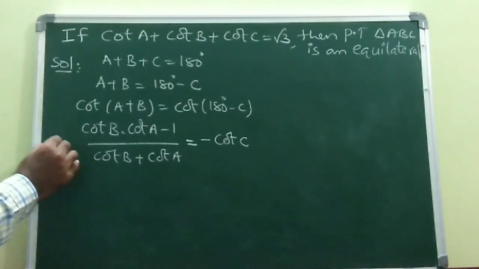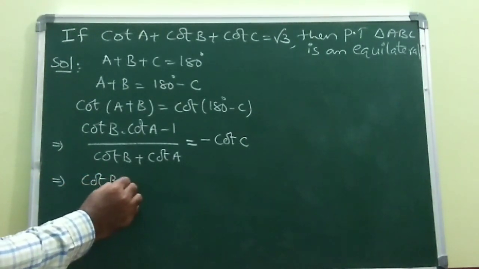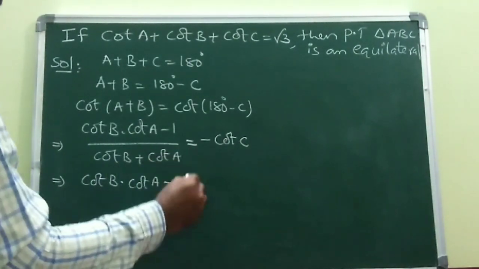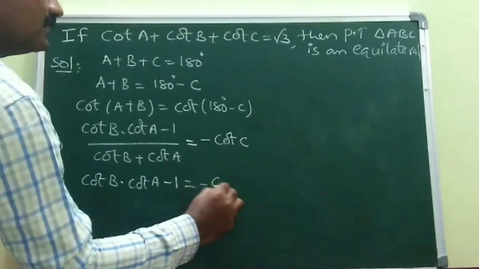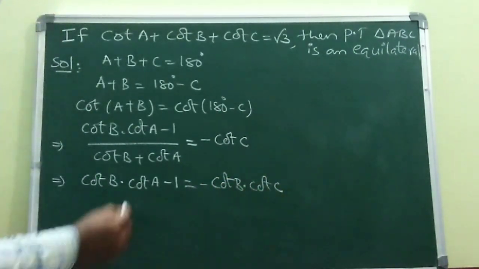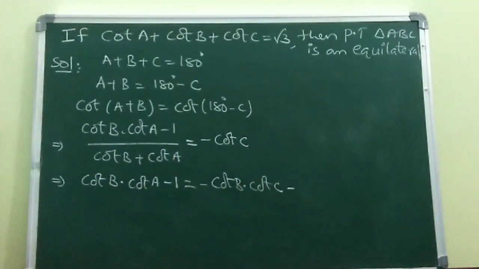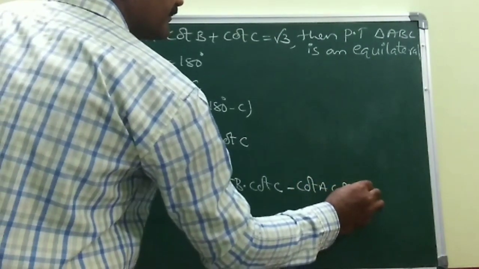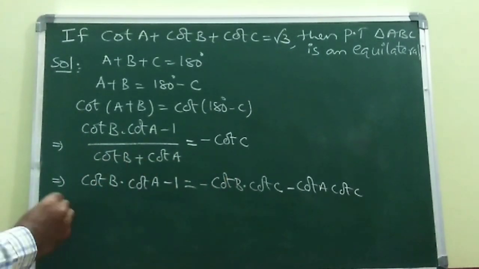right? So in the next step, go for cross multiplication. Cot B into cot A minus 1 is equal to, if you go for cross multiplication, minus cot B into cot C, and minus into plus, once again minus cot A into cot C, and please bring these two terms to this side.